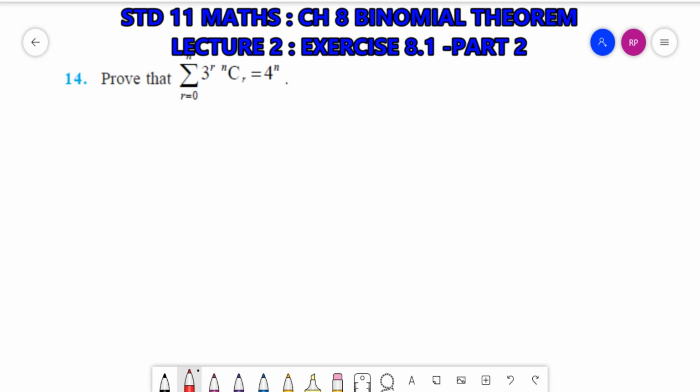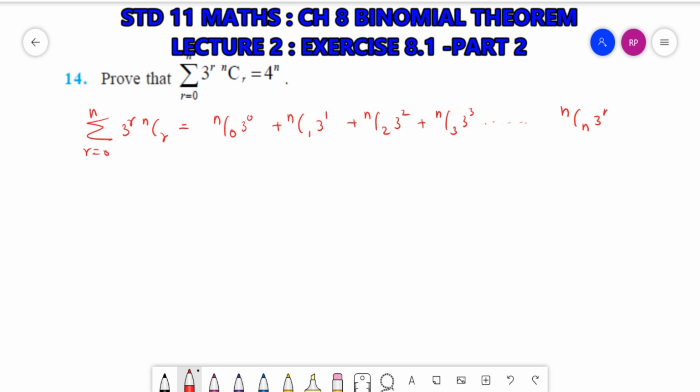Okay. First, let's take the summation of 3^r nCr, r equal to 0 to n. This will be equal to, first, when we take r equal to 0, nC0 3^0 plus nC1 3^1 plus nC2 3^2 plus nC3 3^3 up to nCn 3^n.